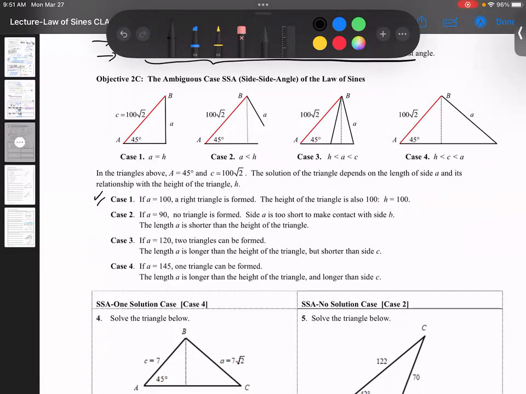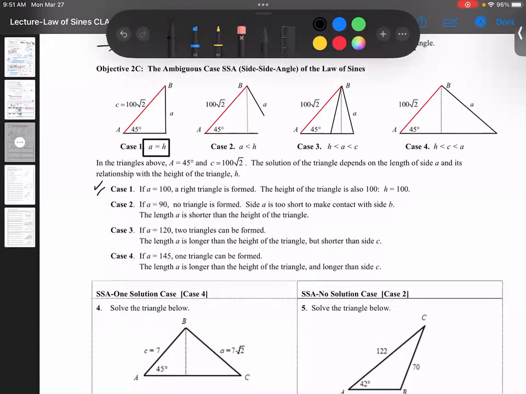So H is equal to A, equal to 100. Then you can calculate the area, or you can use the law of sines.